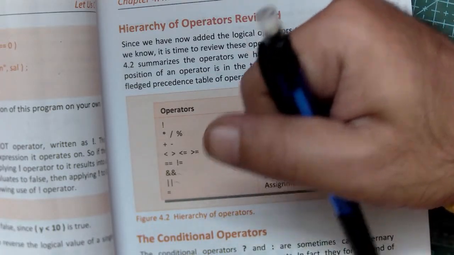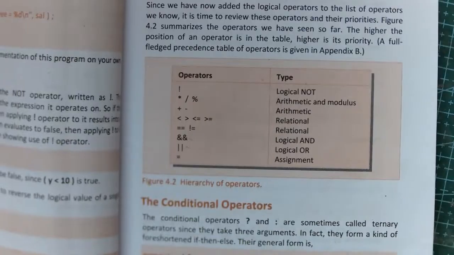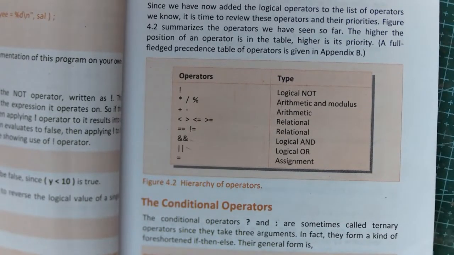Let us understand with the help of an example. int x, y; scanf; y = x > 5 ? 3 : 4. The statement will store 3 in y if x is greater than 5. Otherwise, it will store 4.